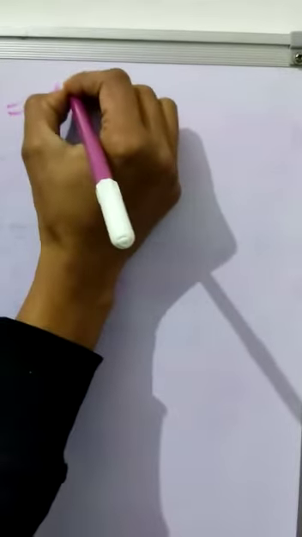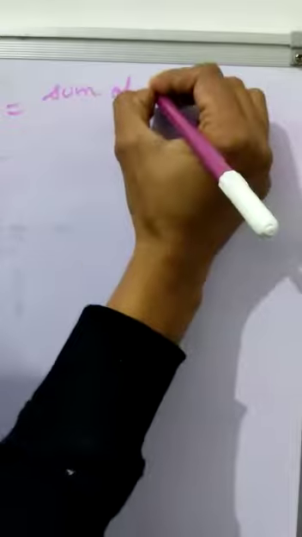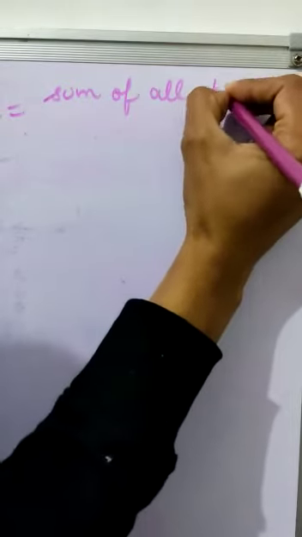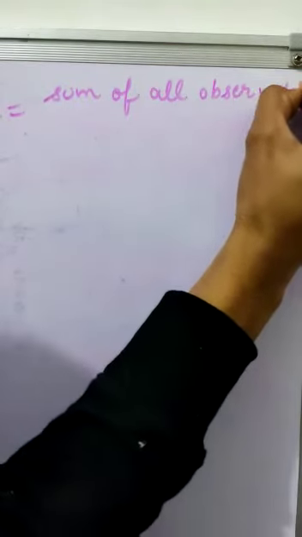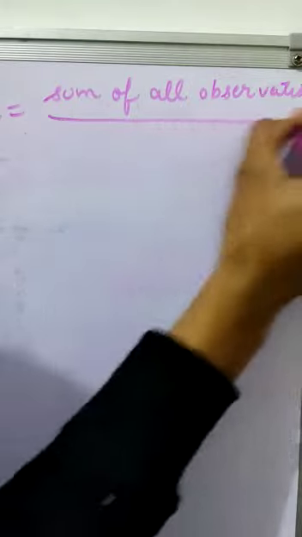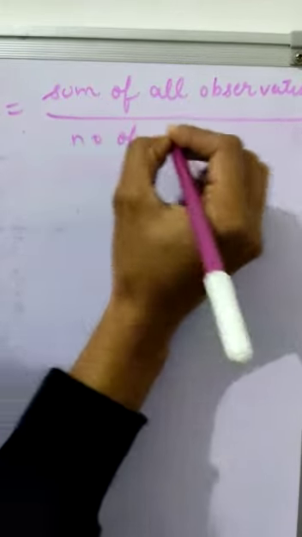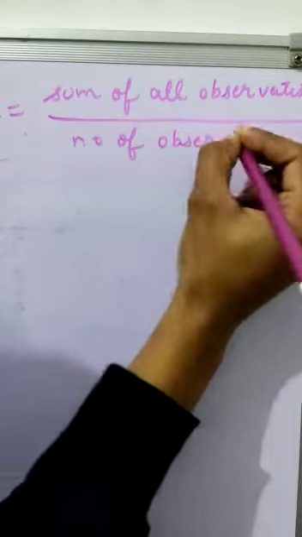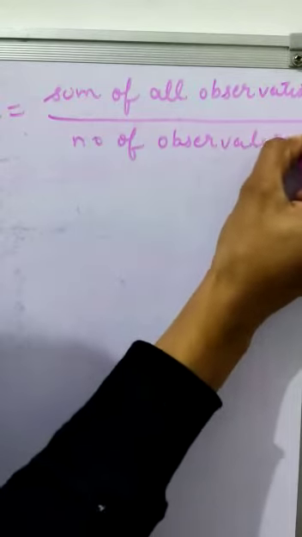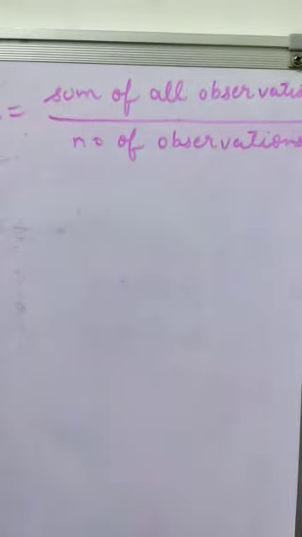Simply use the same formula: mean is equal to sum of all observations divided by number of observations. You will use this formula in the second part also.